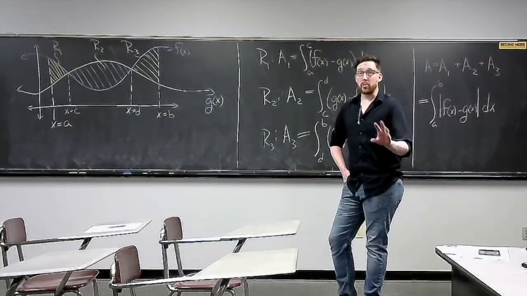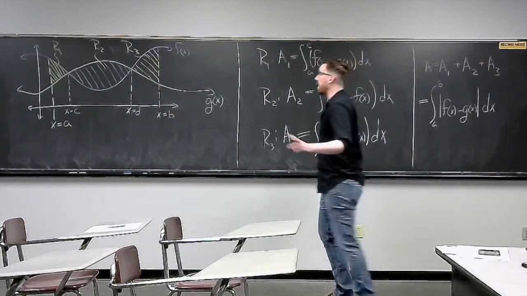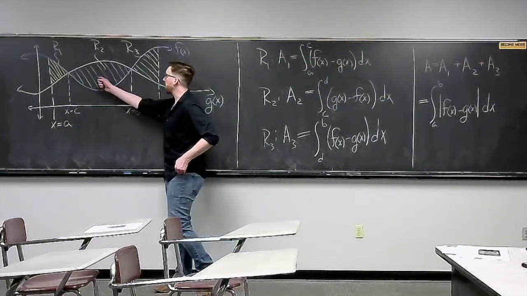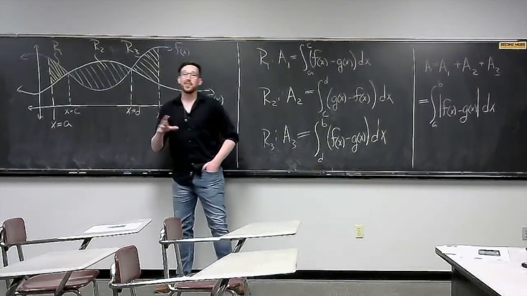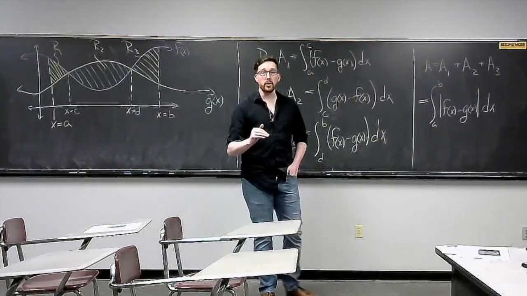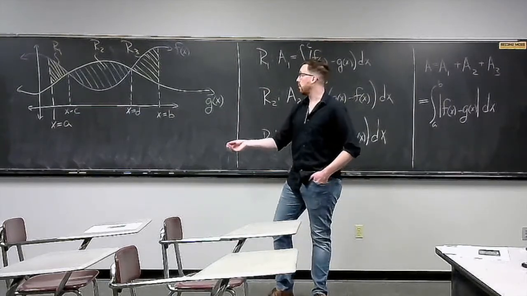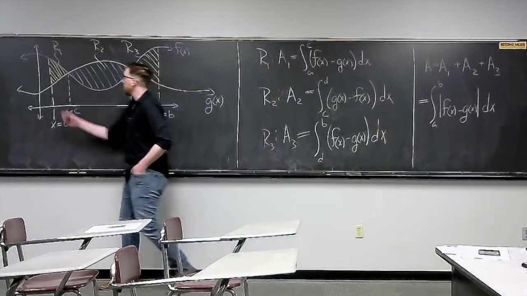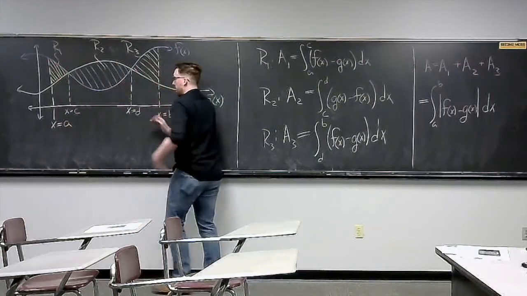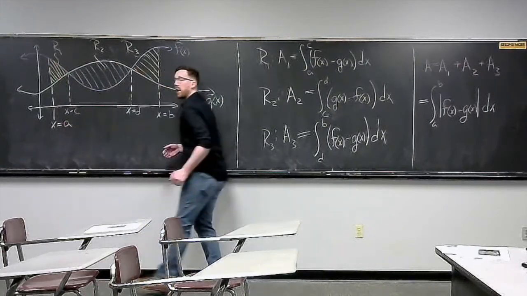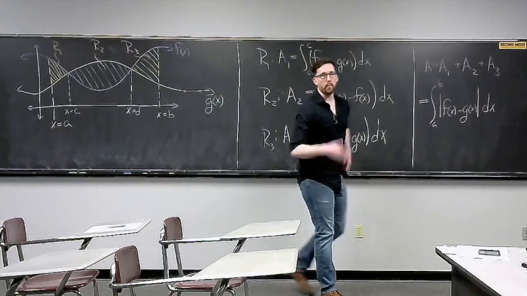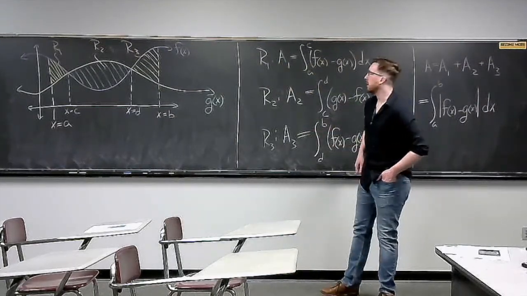Notice I didn't say bounded this time, because if I had just said bounded, we would only be talking about this area. I said the area between the two functions for x equal to a to x equal to b. So it's an area between the functions and between our x values from a to b, right? Or for x values from a to b.